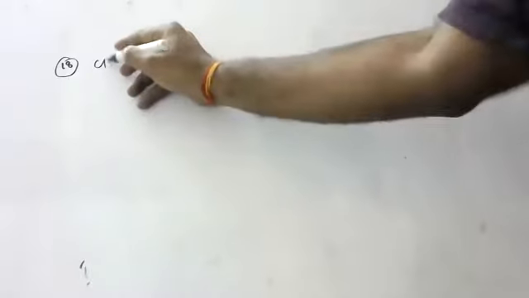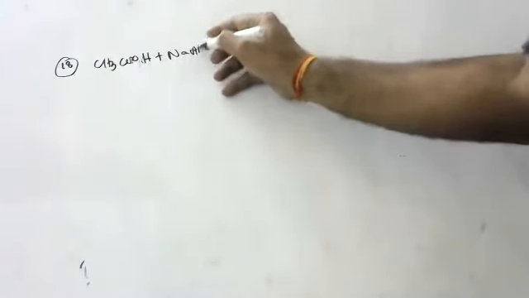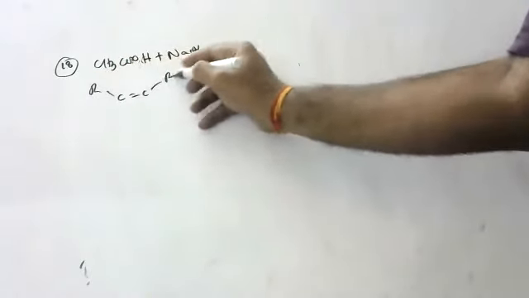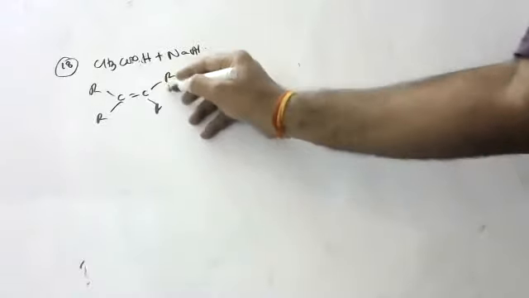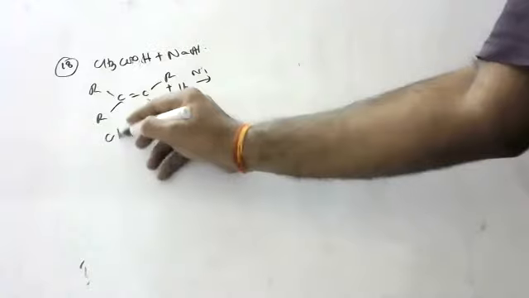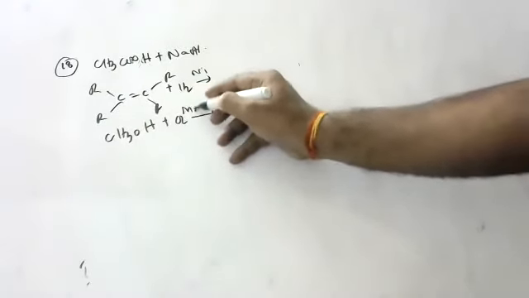Okay, 18th question, children. I will give some reactions and you have to complete them. First, let me write the reactions. CH3COOH plus NaOH is the first reaction. Second, R-C double bond R plus H2 in presence of nickel catalyst. Next, third reaction is CH3OH on oxidation in presence of MnO2.